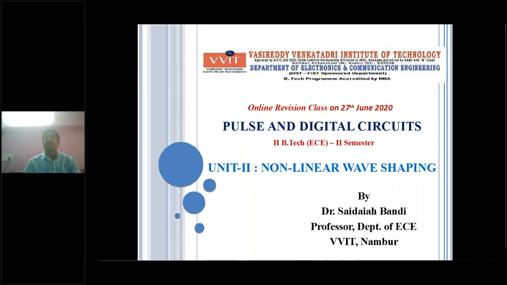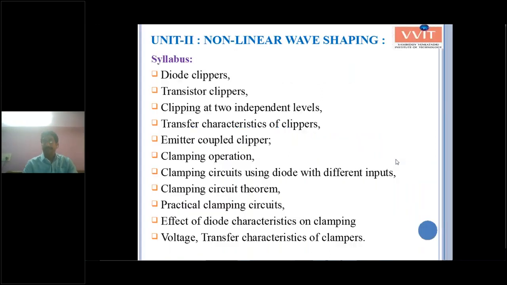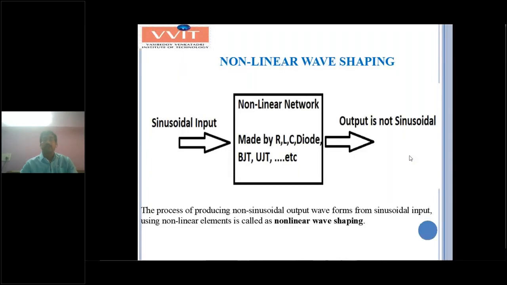Now we are going to the non-linear wave shaping circuits. Within this, the circuit elements are non-linear elements and passive elements, RLC. So these RLC circuits and non-linear devices like diodes or transistors are used in the circuit.